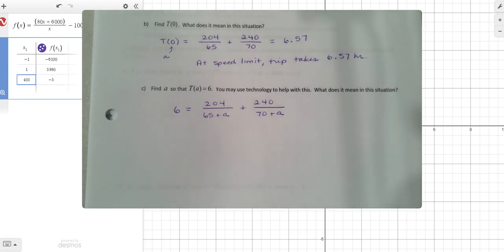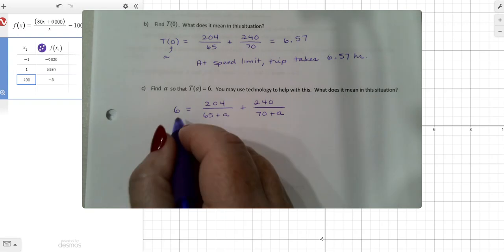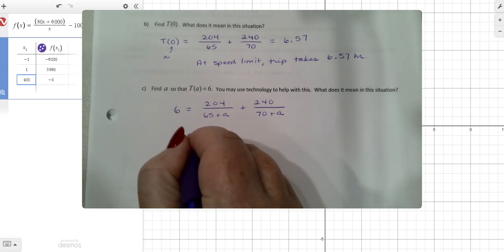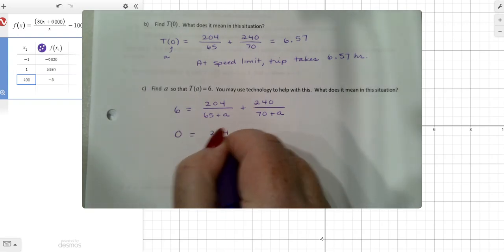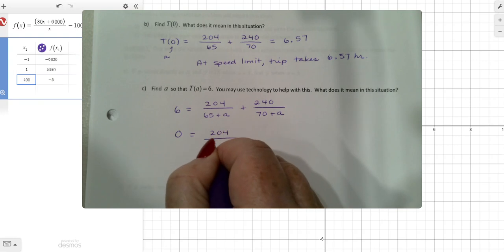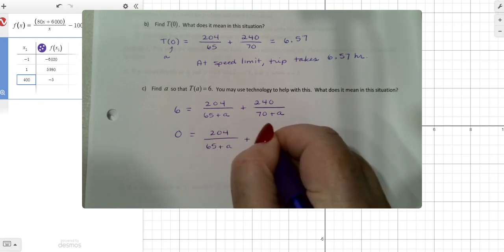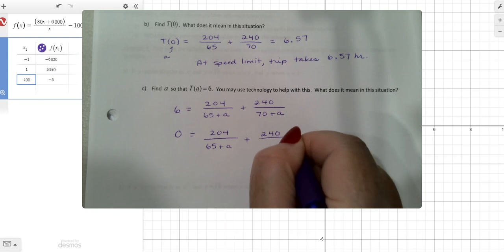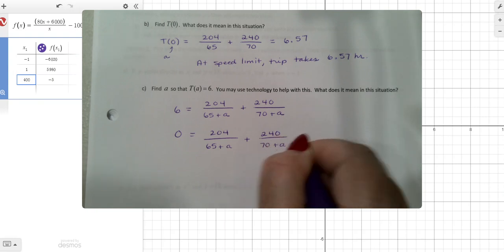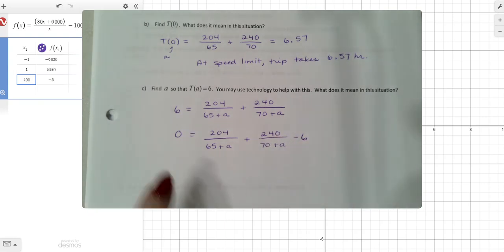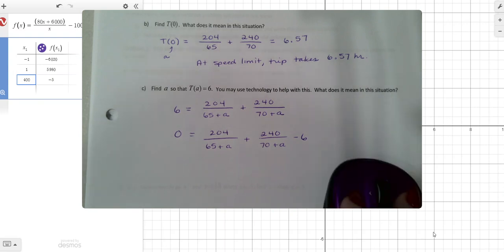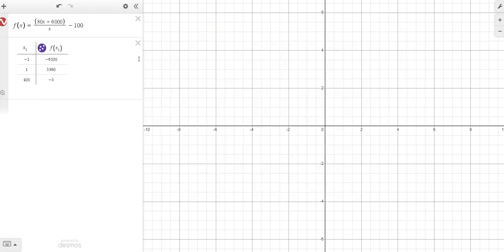I like to just be able to look for the x-intercepts. So I'm going to go ahead and subtract the 6. And then I just have to look for the zeros of the function. So since I'm allowed to use technology, let's get Desmos going here.